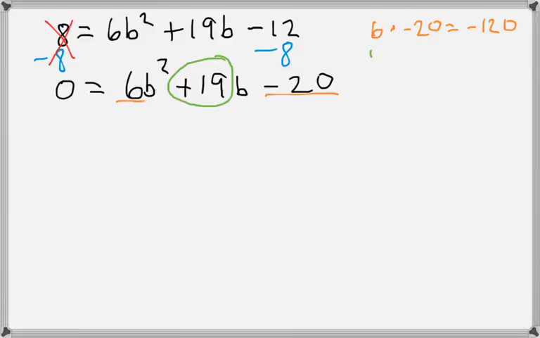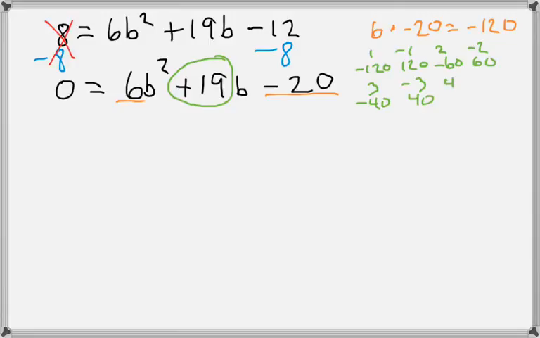So just start listing your factors. You have 1 and negative 120, negative 1 and positive 120, 2 and negative 60, negative 2 and positive 60. There's 3 and negative 40, negative 3 and positive 40. Still, we're not adding to 19 yet.